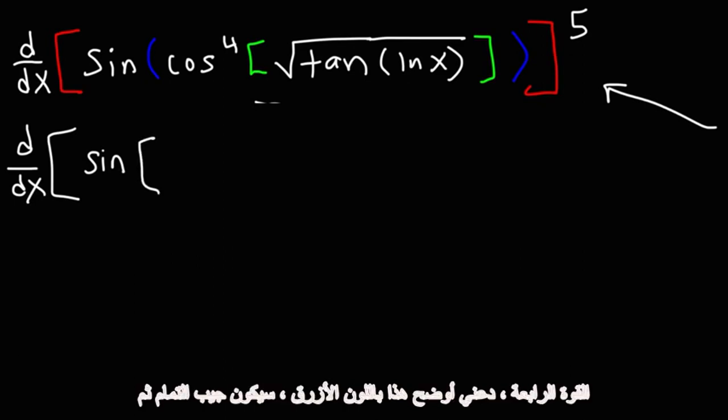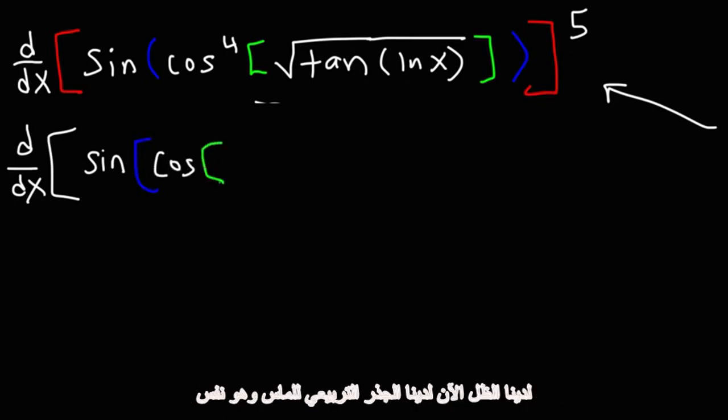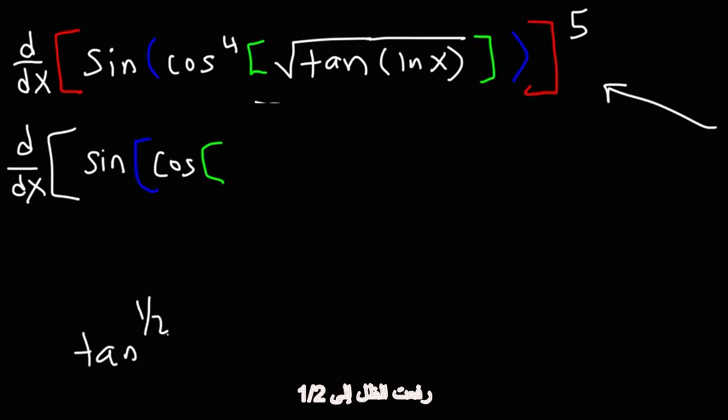So cosine to the 4th power, let me highlight this in blue. This is going to be cosine, and then we have tangent. Now we have the square root of tangent, which is the same as tangent raised to the 1/2.